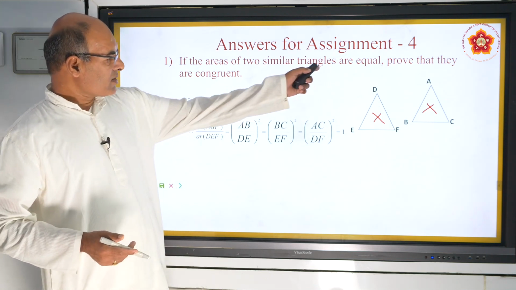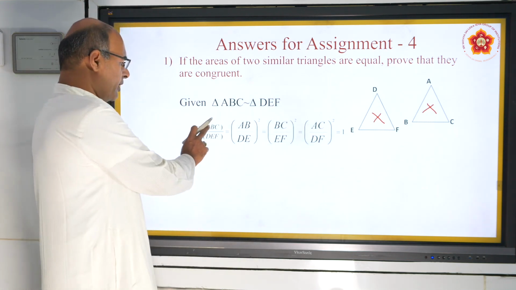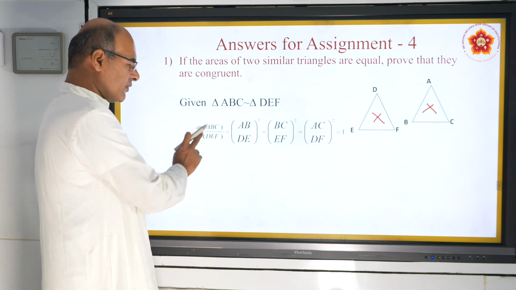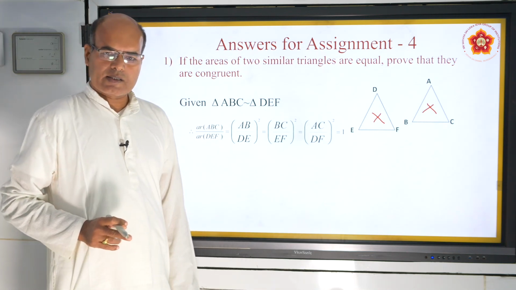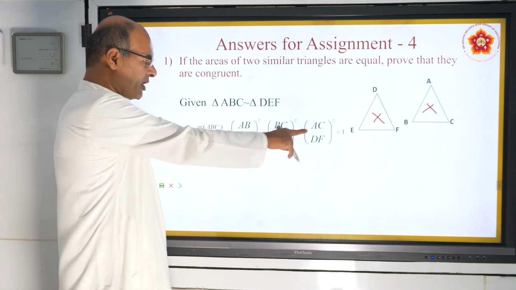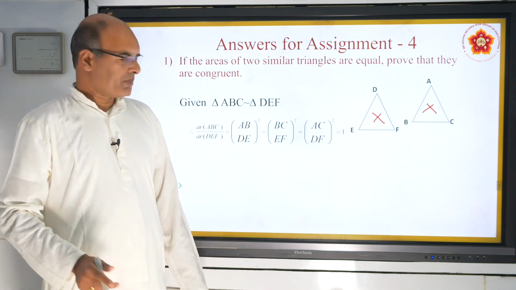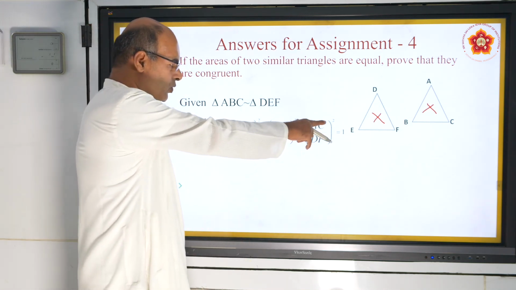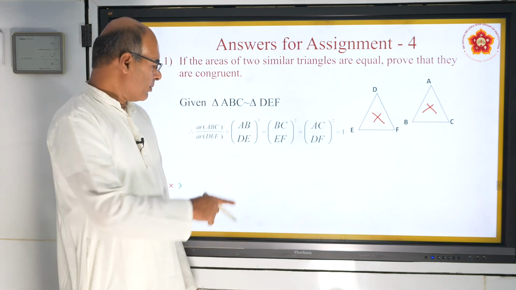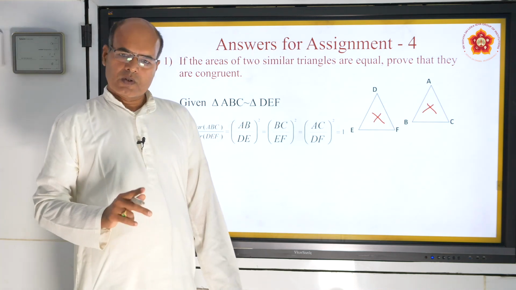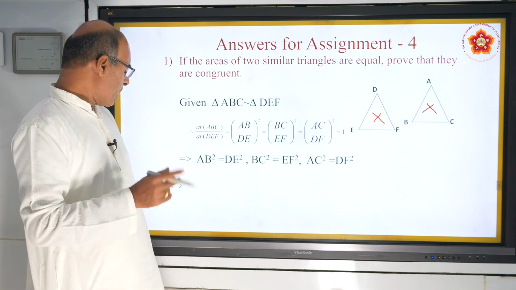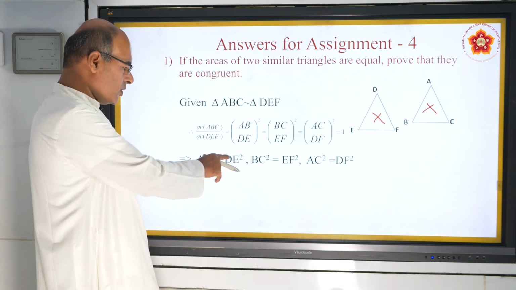As it is given that the areas are equal, if you put x here, the area of triangle ABC is x and the area of triangle DEF is also x. So x by x becomes 1. That means AB square by DE square is equal to 1. So AB is equal to DE, as AB square is equal to DE square.